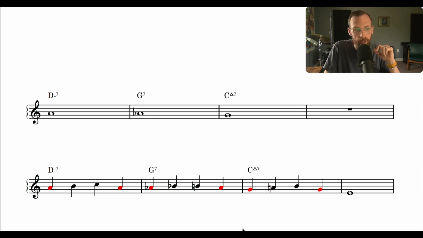I also want to draw your attention to something else. Do you notice that we are doing direct voice leading? Meaning, just like in the initial template, we are directly going from A to A flat when the measure changes. And then we're doing that again, going directly from A flat to G. So this is what I would call a really emphatic use of the voice leading, where it's right there in front of you.